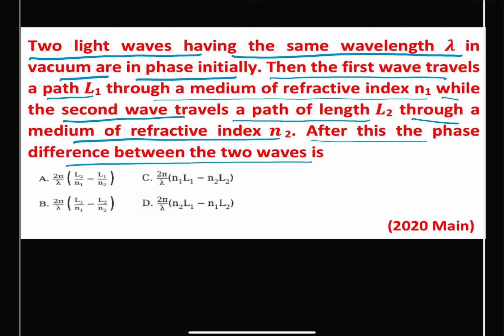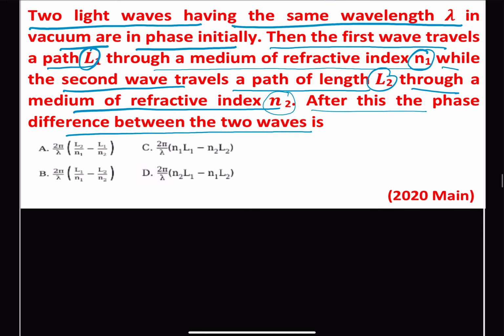So the wavelength in the vacuum is given as lambda, and the path length of the wave is given as L1 when it is traveling in the refractive index N1. It is given as L2 when it travels through N2. So we can find out their respective optical lengths. Then we can find out their path difference, and that is going to help us find the phase difference.